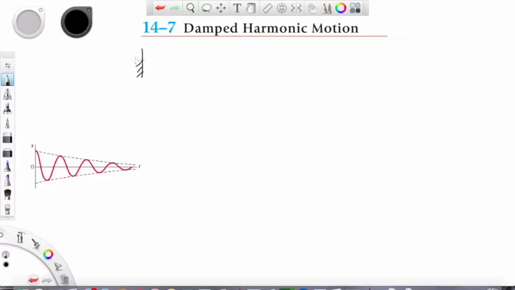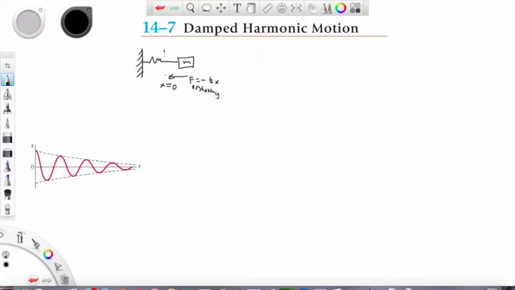Let's say we have our spring mass system, and let's make it clear that the equilibrium position would be here, so the spring has been stretched to the right. We know that there is the restoring force F restoring that equals minus kx.